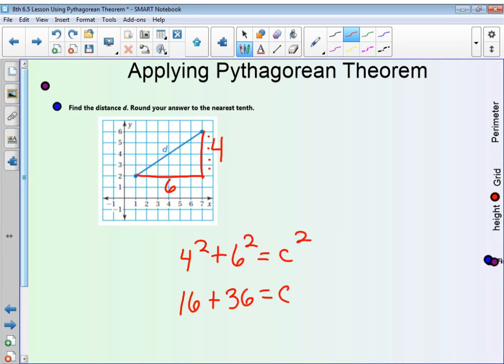That gives me c squared. 36 plus 16 gives me 52, equals my c squared. So to get rid of the squared, we do the square root. We can leave our answer in a decimal, so we're going to punch in the square root of 52 on our calculator, and that's 7.2. So D would be 7.2 units.